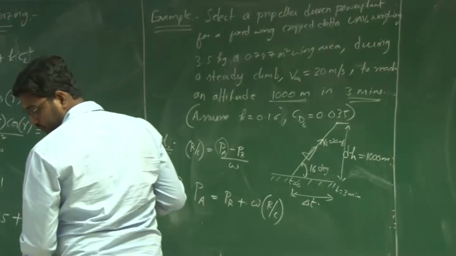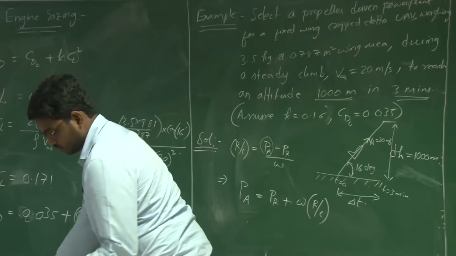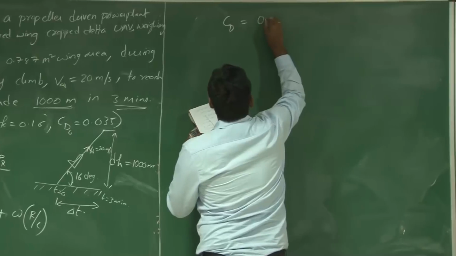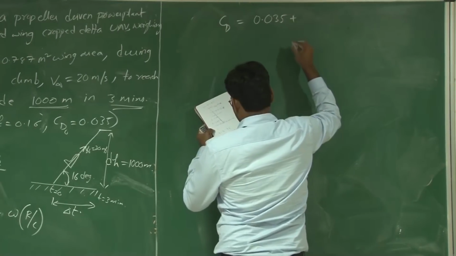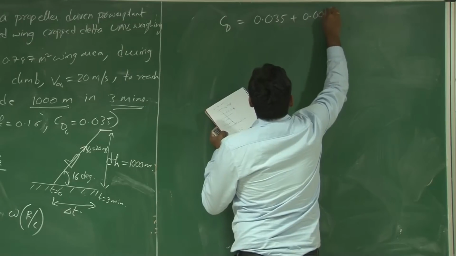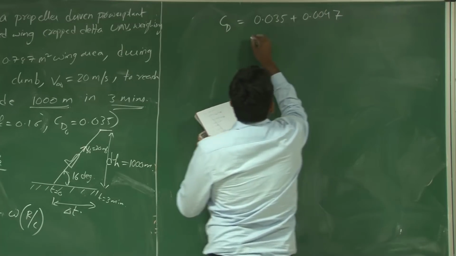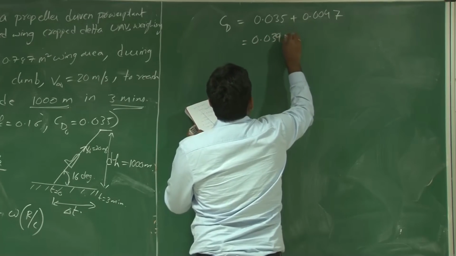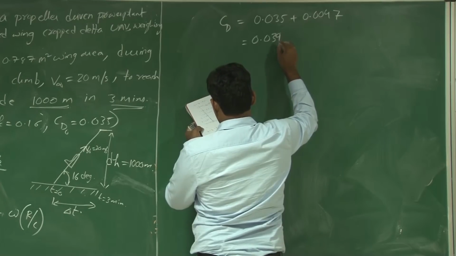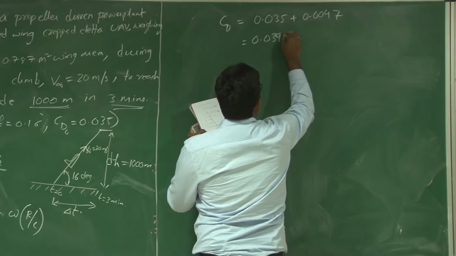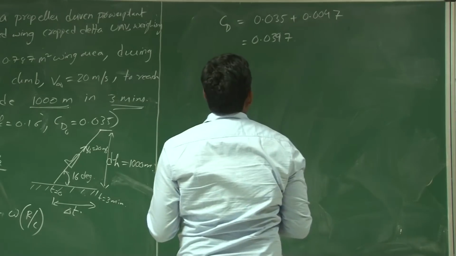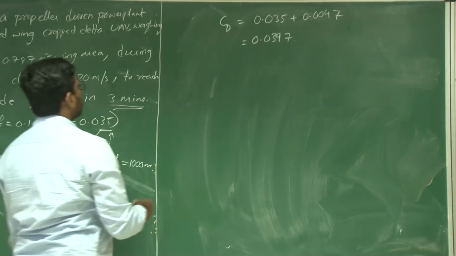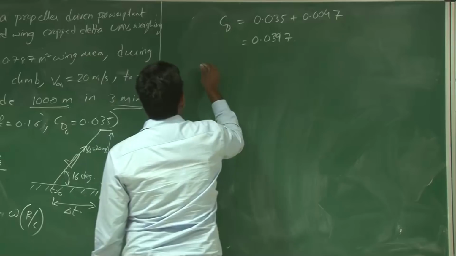This sums up to be CD is equal to 0.035 plus 0.0047, which is 0.0397. So now you have CD, you can substitute in that equation.